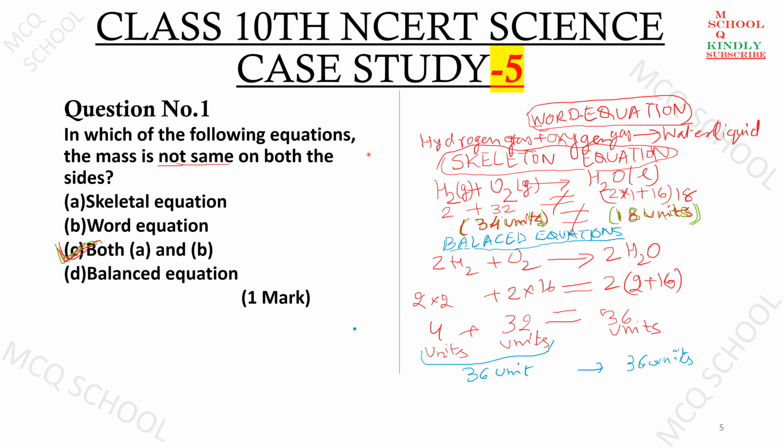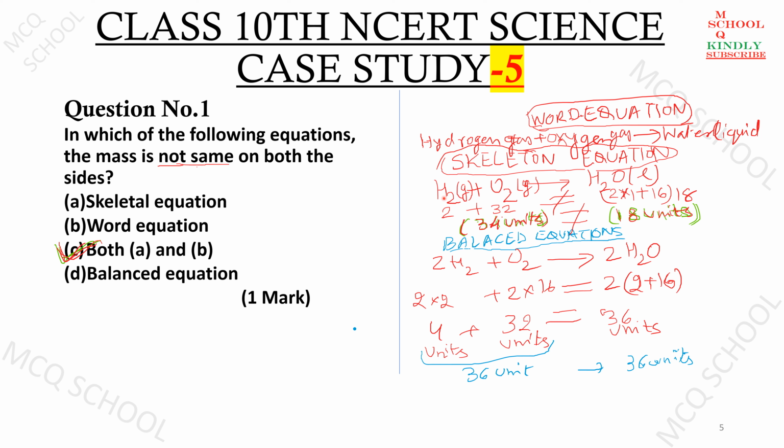To understand this, let us take a case of hydrogen gas and oxygen gas reacting to form liquid water. Writing like this, it would be called a word equation. While if we write with the symbols, hydrogen H2(g) plus O2(g) on the left and H2O(l) on the right hand side, then this would be called a skeleton equation without balancing.